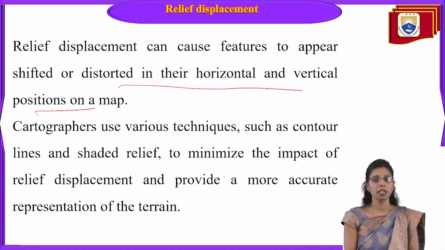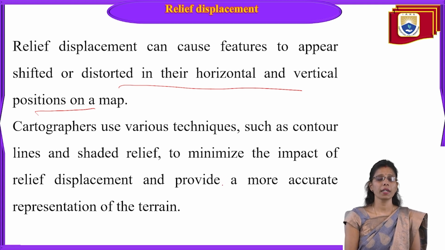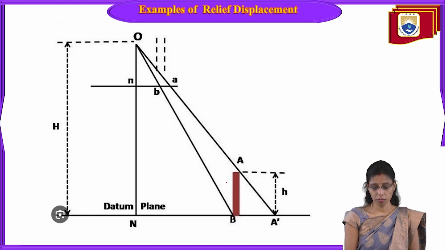This work is done by the cartographers who usually prepare maps of all types of relief. Relief means all types of mountains, regions, plain areas, hilly areas, or some kind of ups and downs.